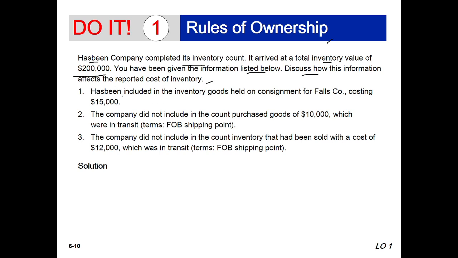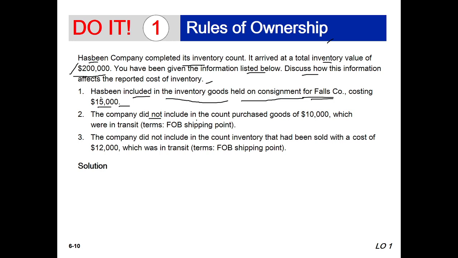The company has included in the inventory goods held on consignment for a false company costing 15,000. That means the company included in the inventory goods held on consignment for the false company. That means the false company already received these goods, so this portion will be subtracted from the 2 lakh dollars.